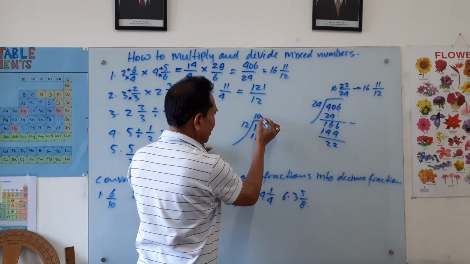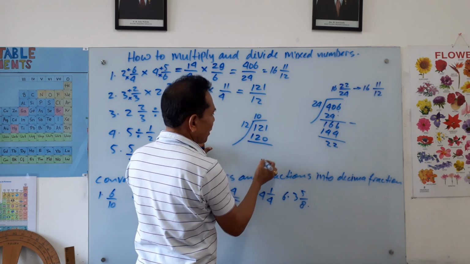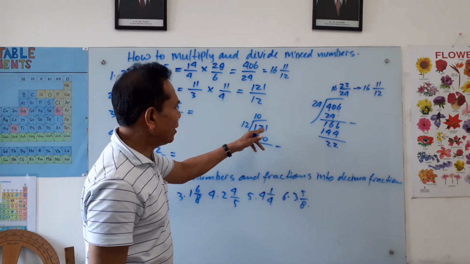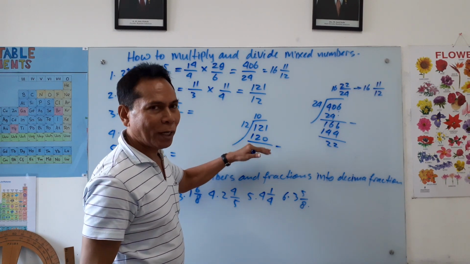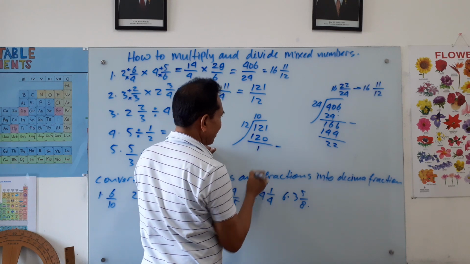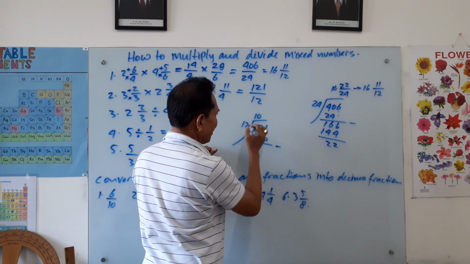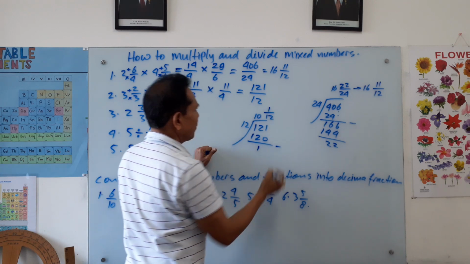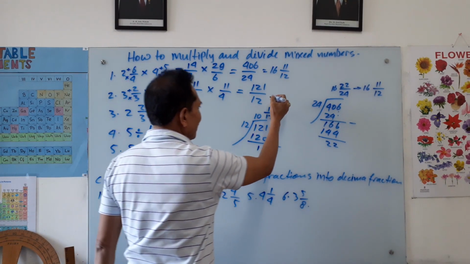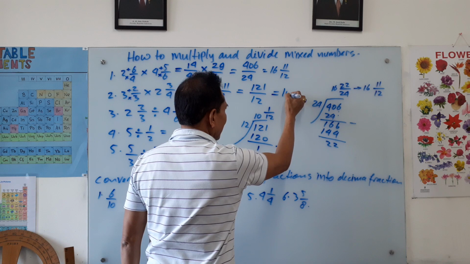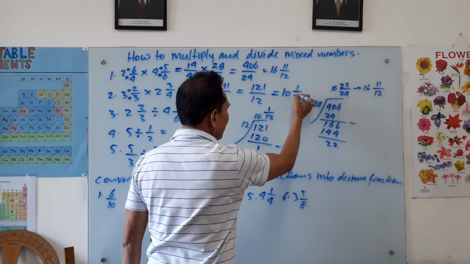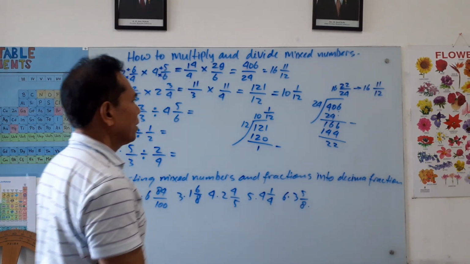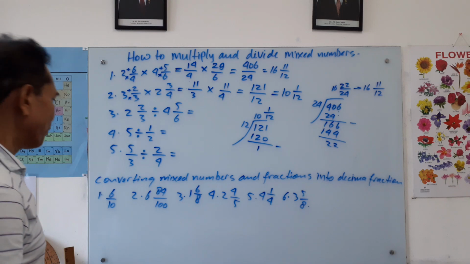Now, we subtract this. 121 minus 120 is 1. So your answer is 10, 1 over 12. Now, you put it here. So it was 10, 1 over 12. That's your answer, children.